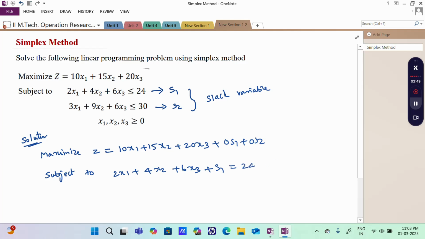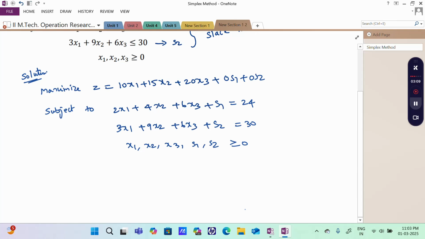Then 3x1 plus 9x2 plus 6x3 plus s2 equal to 30, and x1, x2, x3, s1, s2 greater than or equal to 0. This is our canonical form.